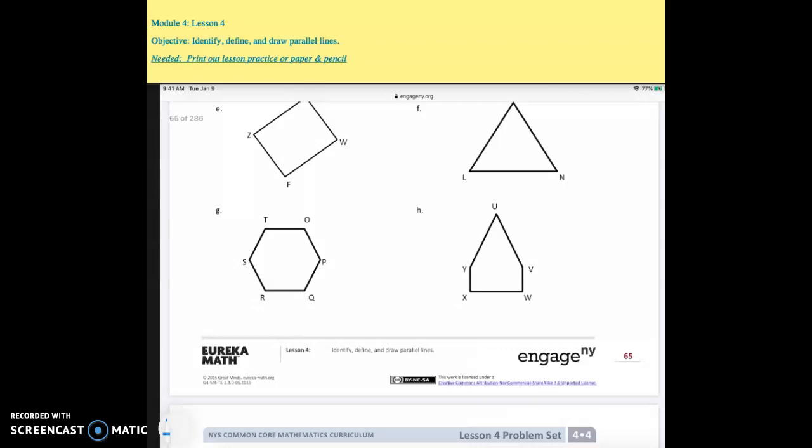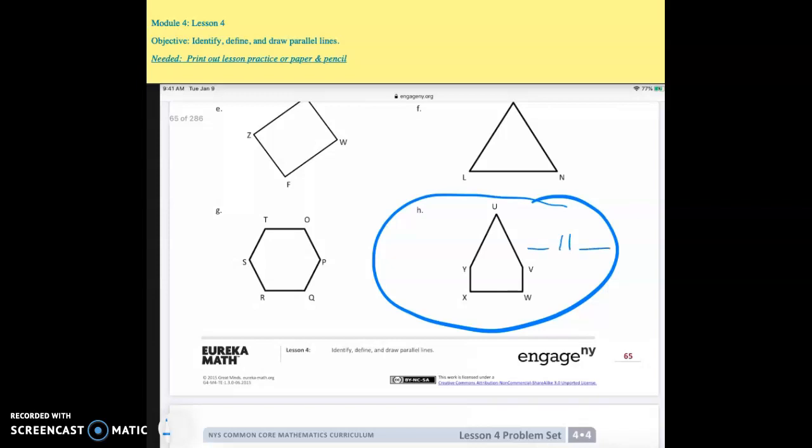All right, you are going to tell me what two lines are parallel to two more lines on this shape H. You will also have to answer the question, how do you know if two lines are parallel? So you can have those two questions. What two lines are parallel, and how do you know if two lines are parallel?